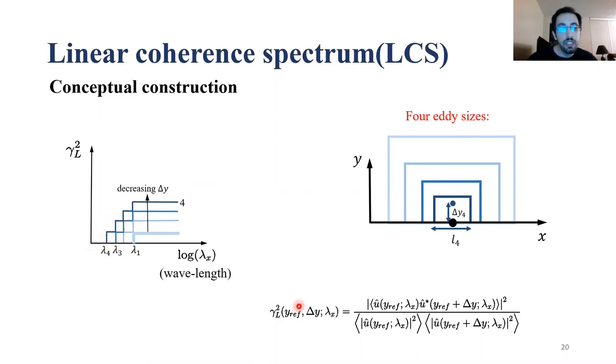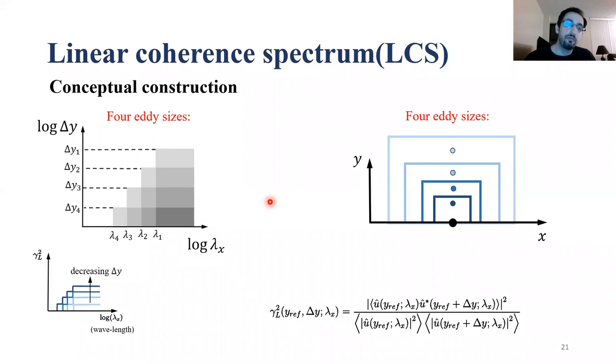Now, because lambda L is a function of delta y and wavelength, we can create coherence spectrograms where we plot coherence, gamma L, as a function of delta y and wavelength.